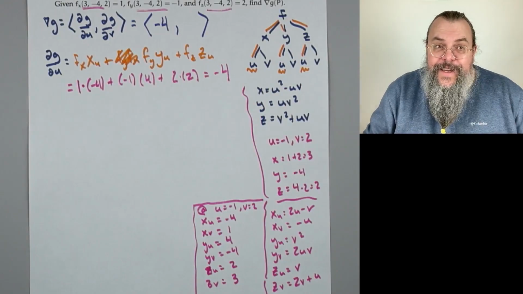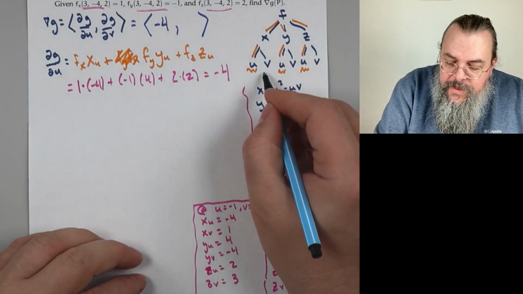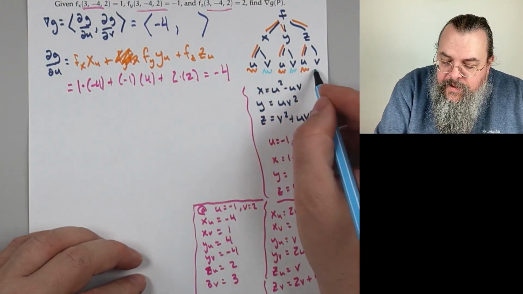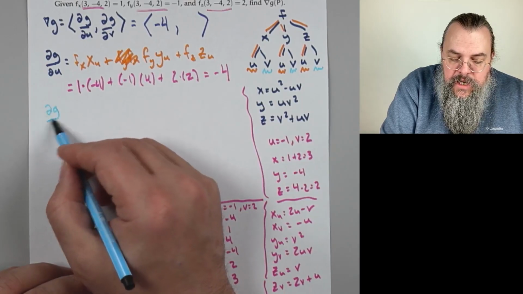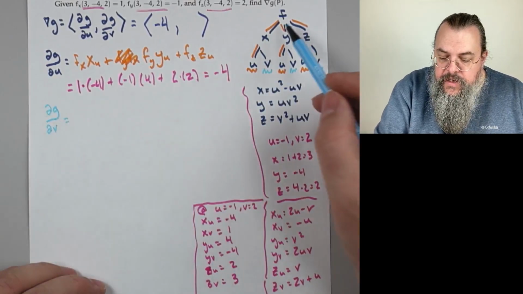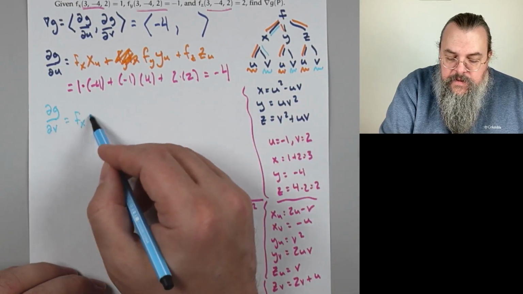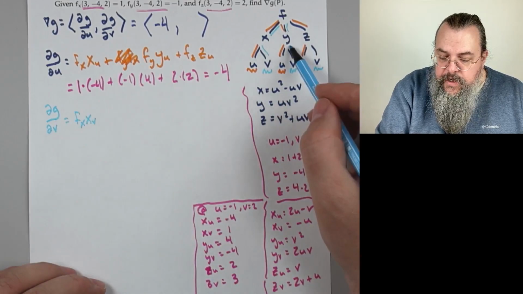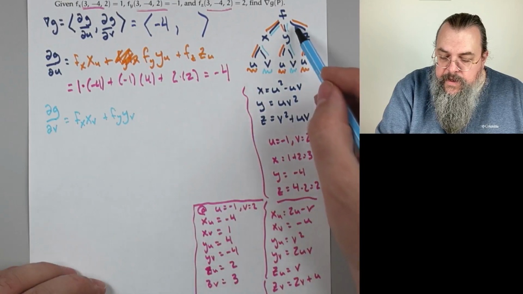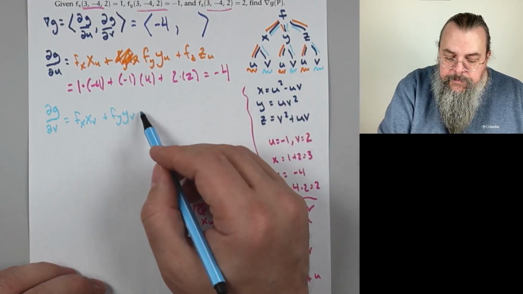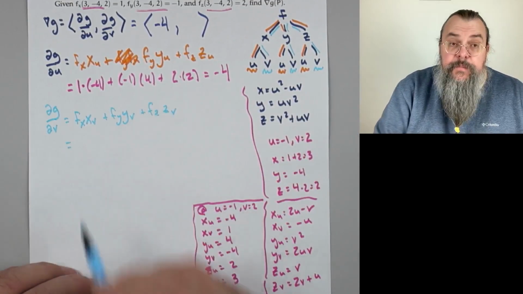What's in the second slot? Okay, here we go. We're going to look at the v's. So now partial g, partial v is f sub x, x sub v, f sub y, y sub v, f sub z, z sub v. Okay, so we've put our pieces in.